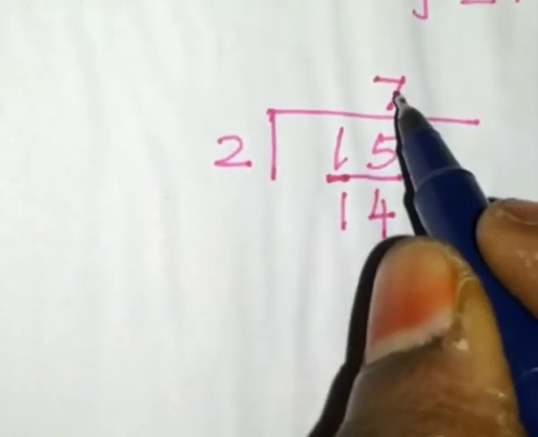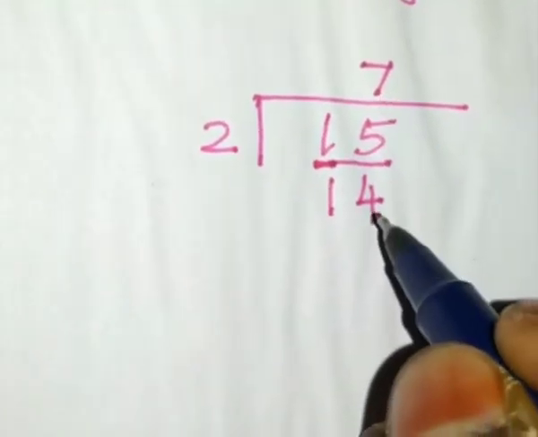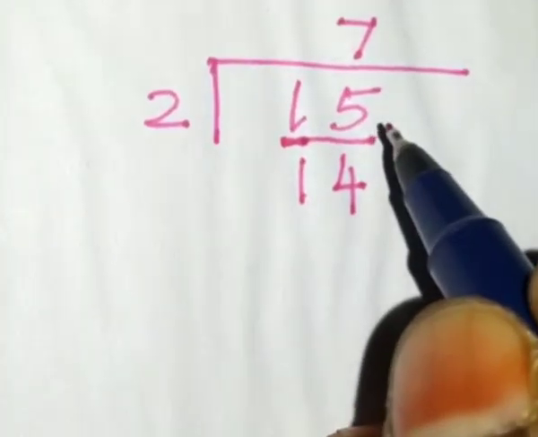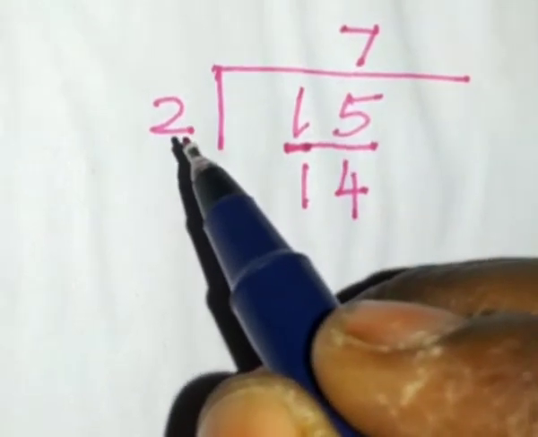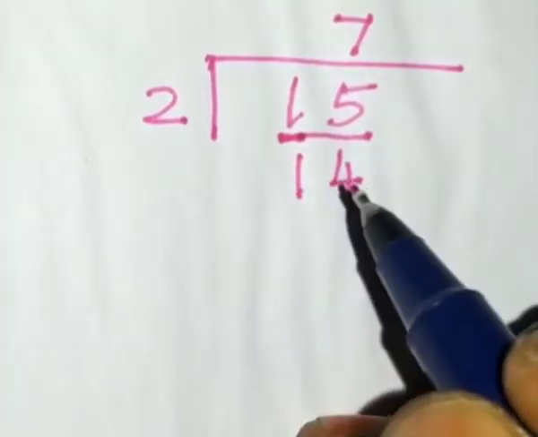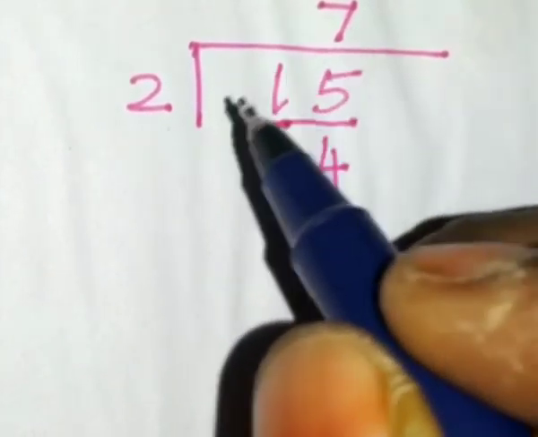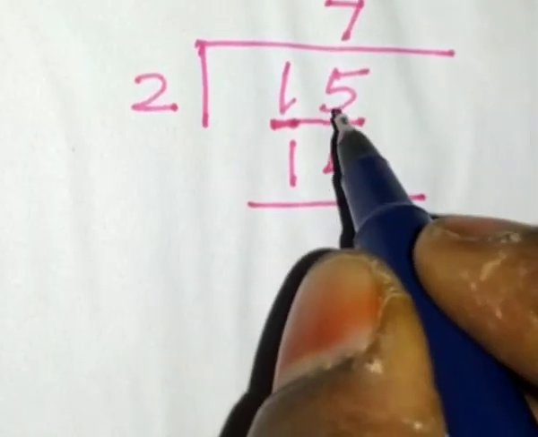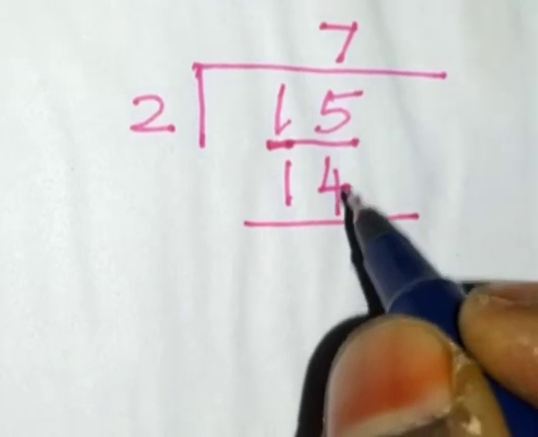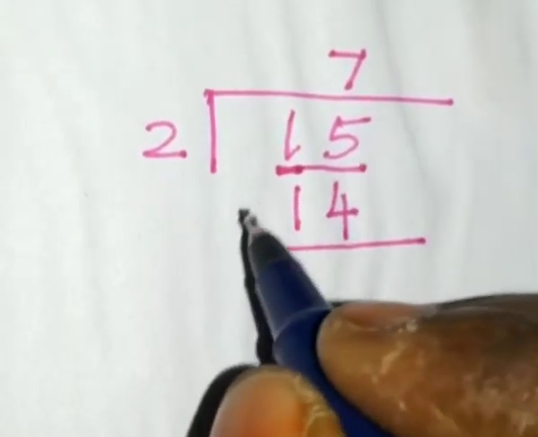Always the multiple should be less than the dividend.